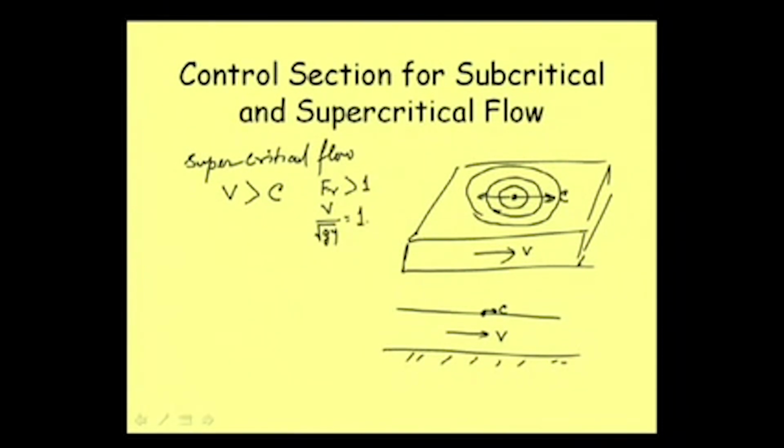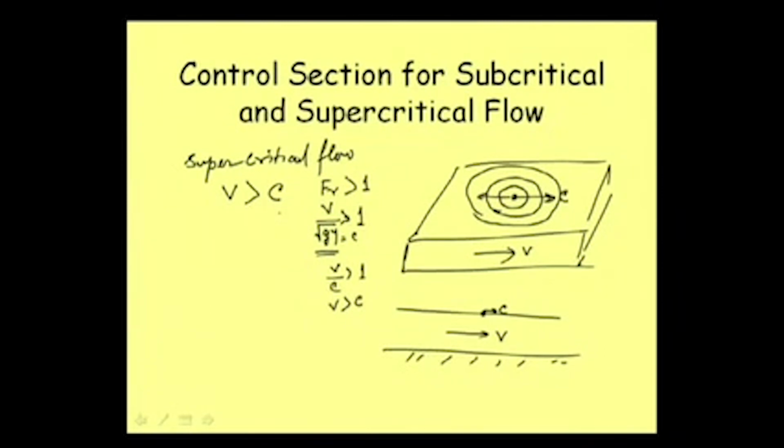It can be shown that for a rectangular channel this root over gy is nothing but c. So we can write v by c is greater than 1. That means we can write that v is greater than c.